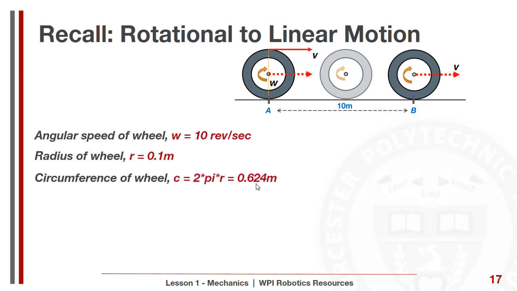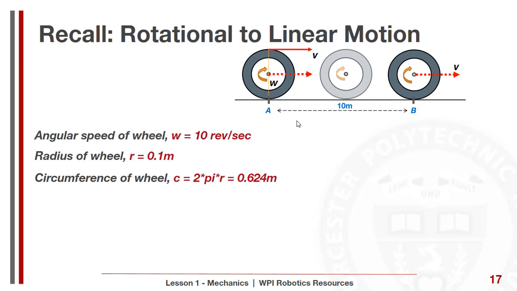And we calculate circumference by 2 pi r. So the circumference of the wheel, c, is equal to 2 times pi times r, which is the radius. And so we'll have this value. Now the circumference tells us that in one revolution around this wheel is 0.624 meters.